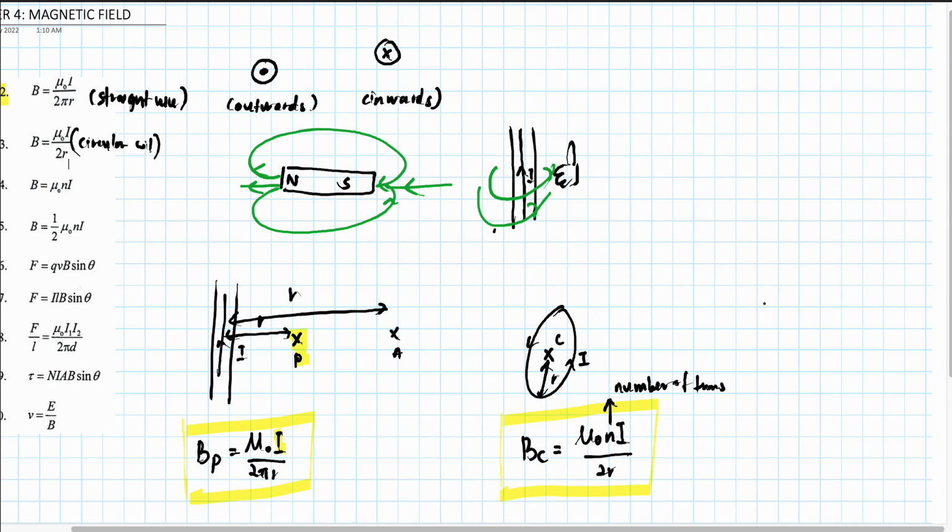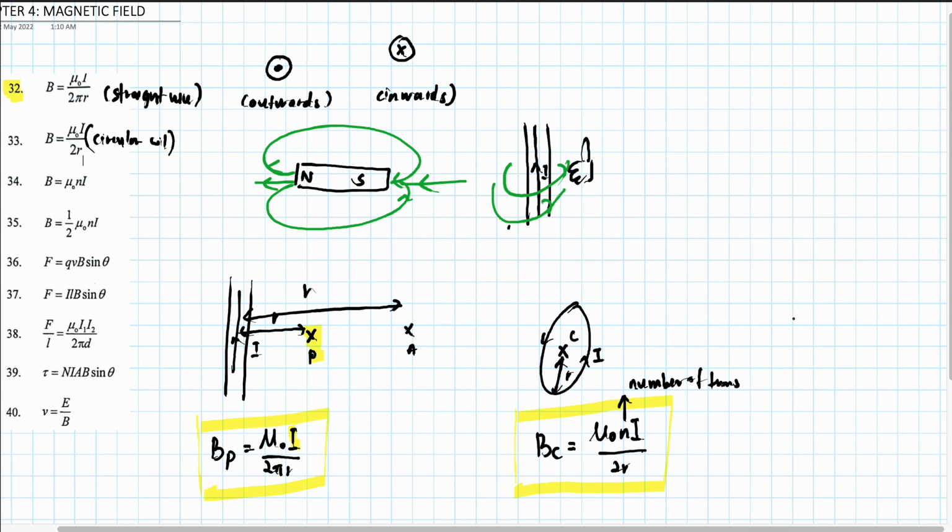magnetic field itu. Okay, and then ada lagi, untuk solenoid pula. Contoh kita ada, this is your solenoid. Dekat solenoid itu ada wire lah, and this is the current flowing in the wire.